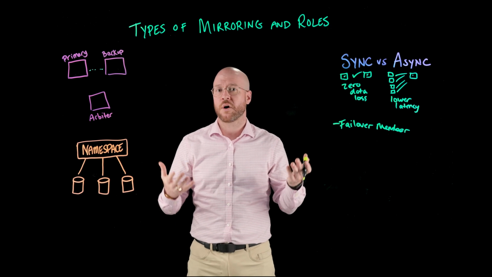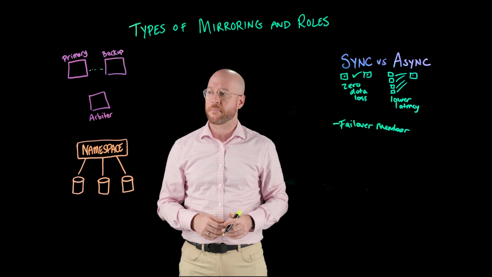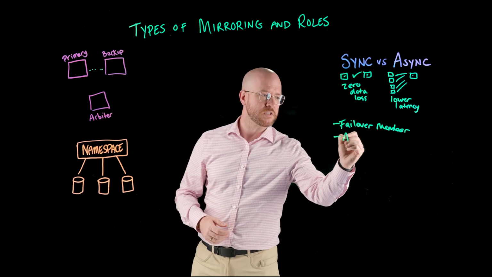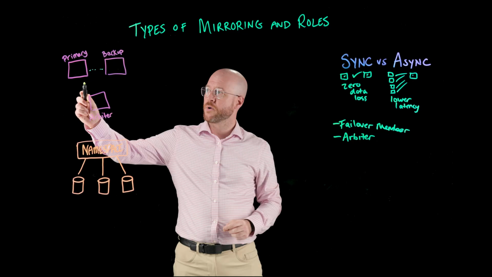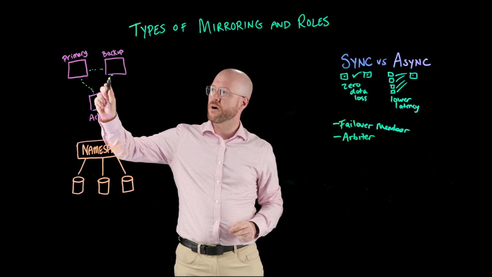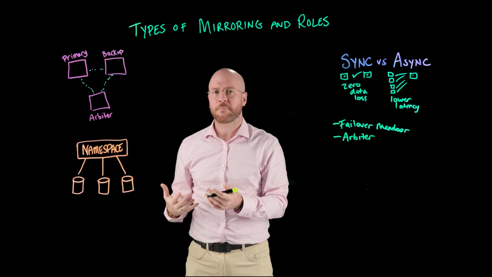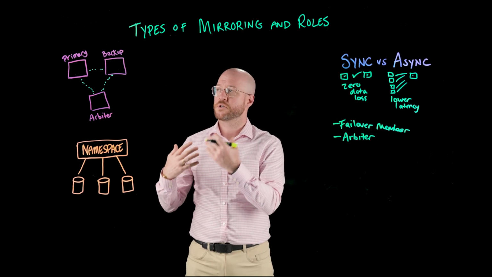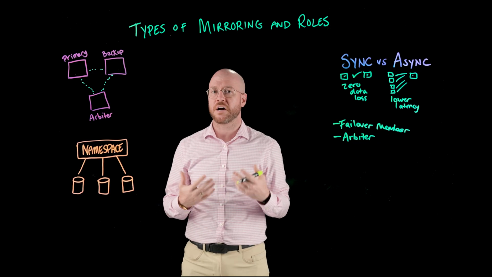You might ask what makes that decision, or how the servers know which one is the failover member. That's where the arbiter comes into play. In this diagram, we have the primary and the backup, and the arbiter talks to both of them. The arbiter is a referee process that can determine which of those servers should take over as the primary in the event of a failover.